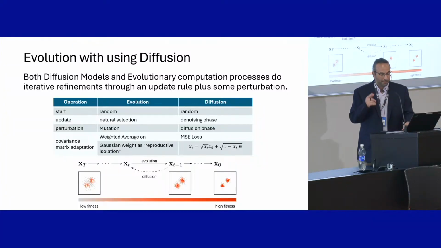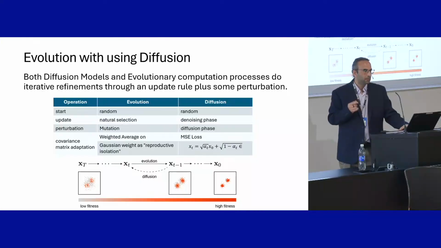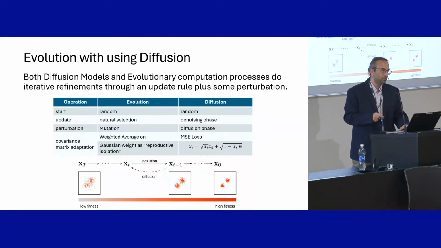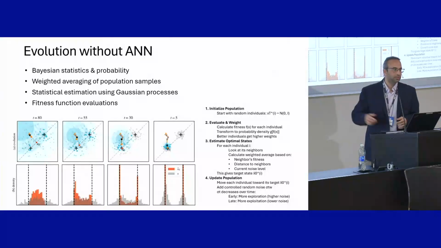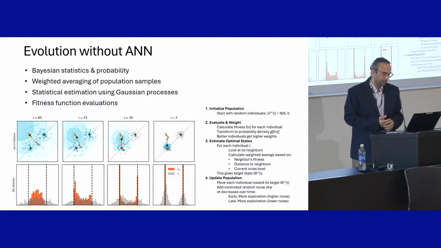But there is another missing part. We are eventually going to use a neural network in the end, because that's the best way that we know to remove noise from images. But before we use the neural network, we did try a couple of tests. We used Bayesian statistics and probability in order to remove the noise.